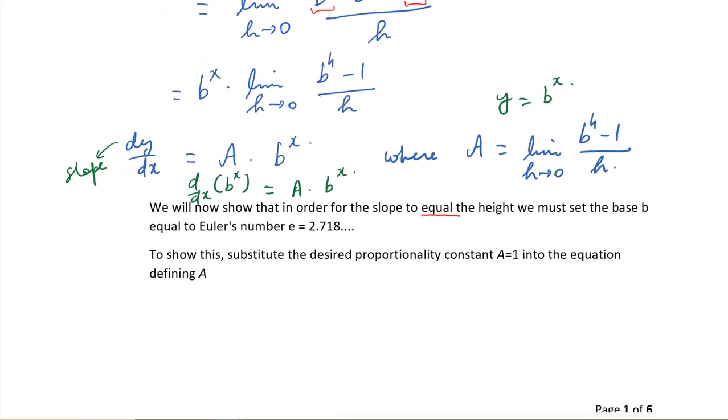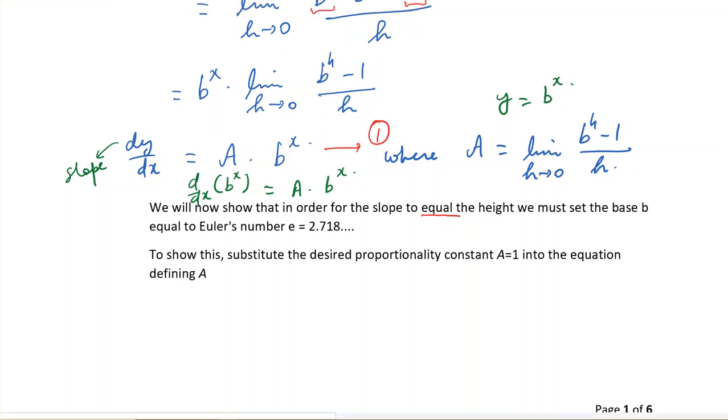So let's try to do that substitution. I'm going to call this number 1, and let's figure out what is the value of base when a is equal to 1.